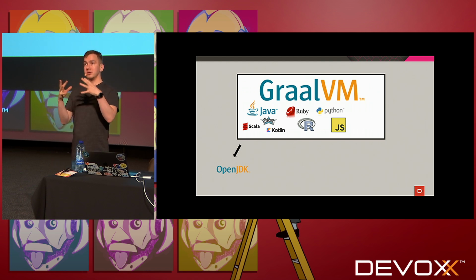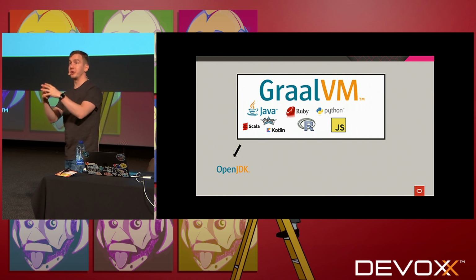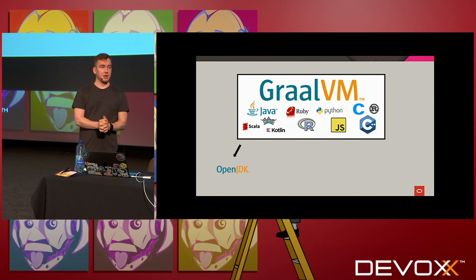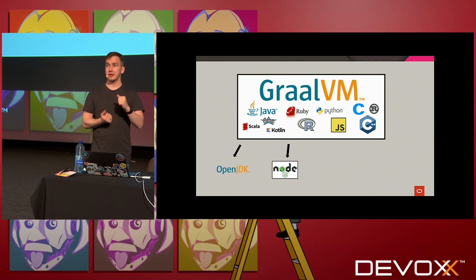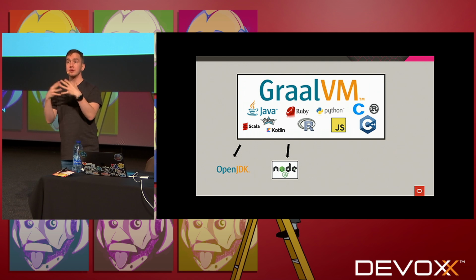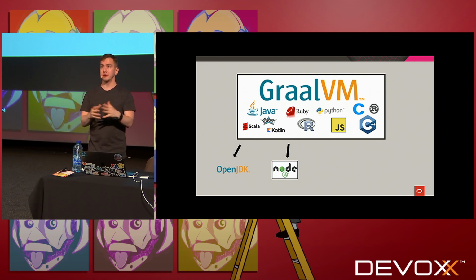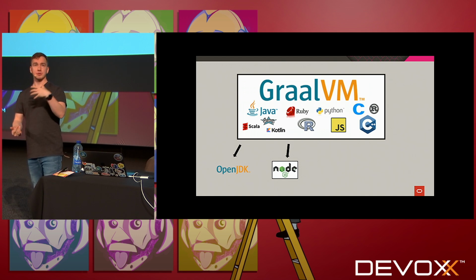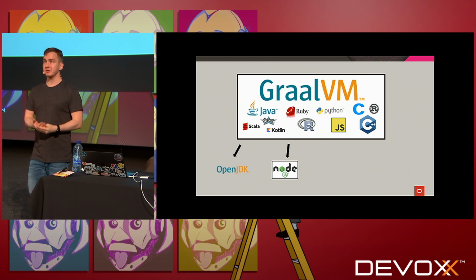Additionally, you can take the GraalVM technology, which is so far the main component that we've talked about, the GraalVM JIT compiler, and you can put that infrastructure into other platforms. Like, for example, you can embed all that into a Node.js platform, right? Node.js is a platform for JavaScript applications. Normally, it comes with V8 as the engine for JavaScript.